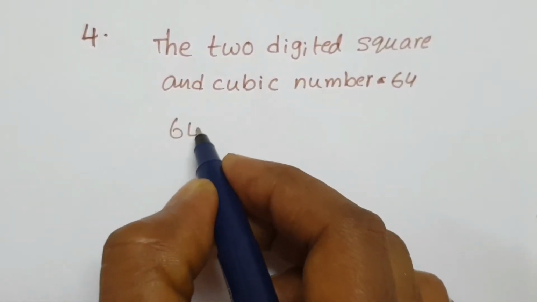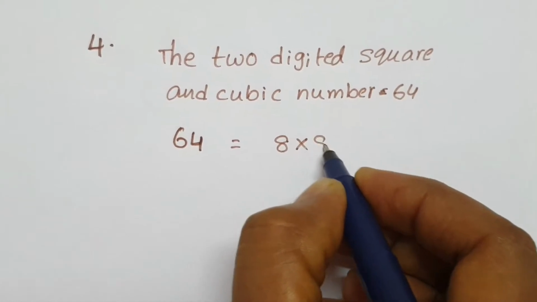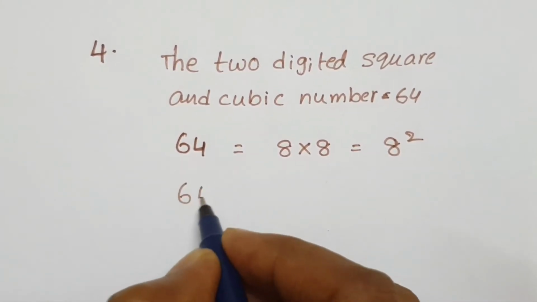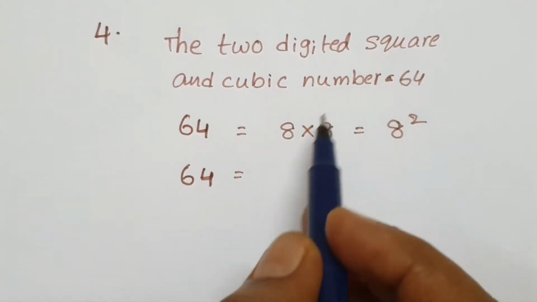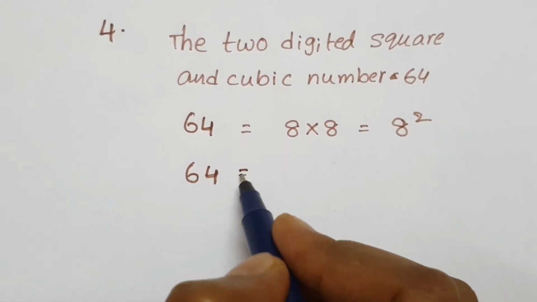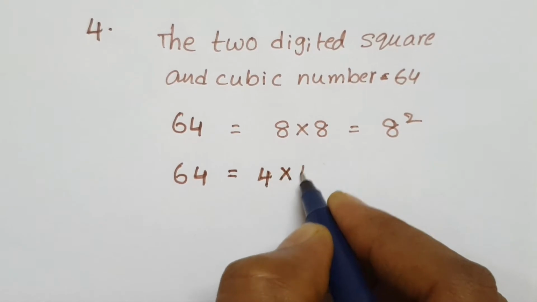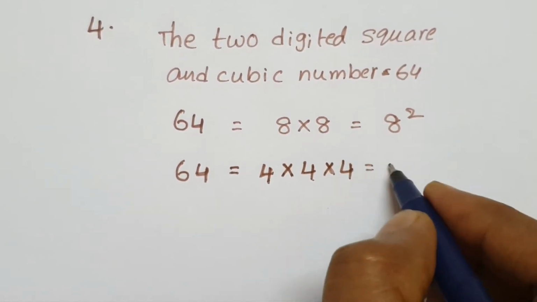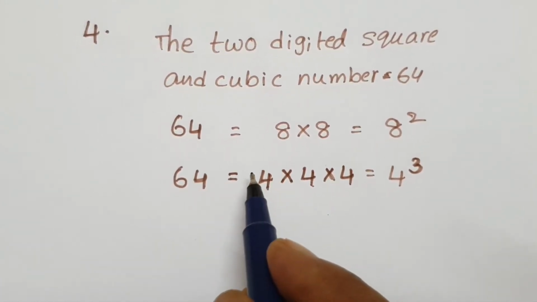How can we write 64? First write it as a square number: 8 times 8 is 64, that is 8 squared. Then in this 64, we can again write a cube of a number. The same number makes a square number and a cube number: 4 cubed, 4 into 4 into 4, gives 64. So 64 is both a square number and a cubic number.